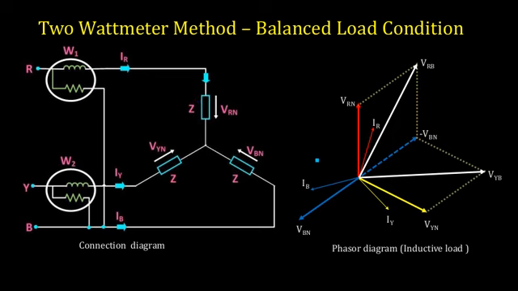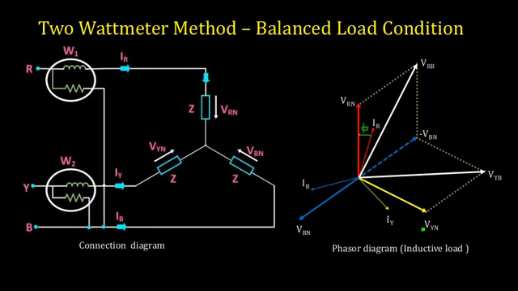Now coming to the phasor diagram. Now the current measured by the wattmeter, we will take case 1, the case of wattmeter W1. In the case of wattmeter W1, you can see that the current flowing through the current coil is IR. Okay, and we are assuming an inductive load where your current is lagging behind the voltage. So in such a case you will have a phase angle phi here.